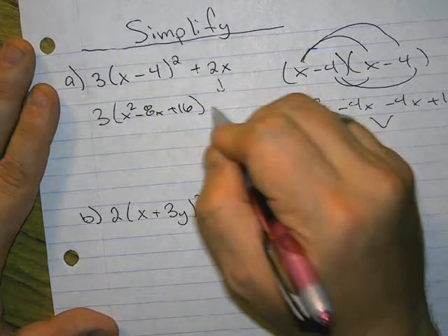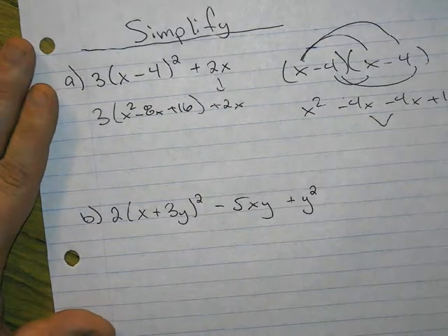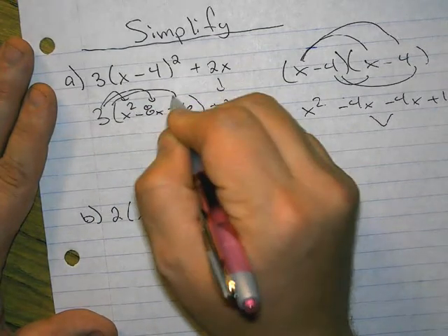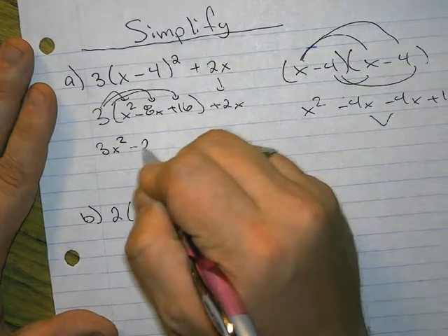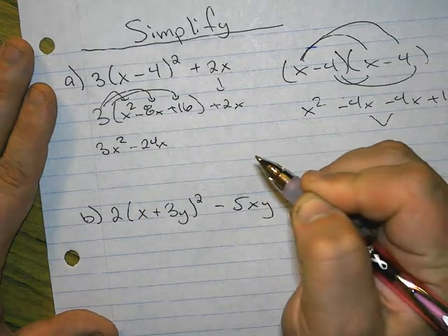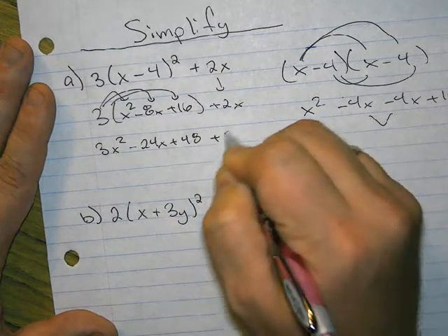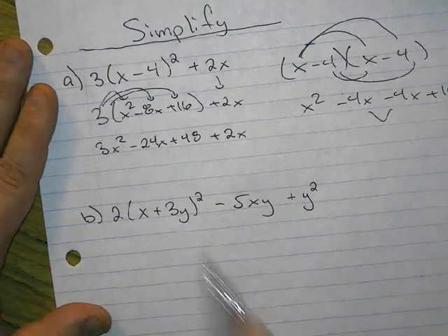And don't forget, plus 2x. Next, we're going to take care of the multiplication, and we just do this to each term. That's called the distributive property. 3x squared minus 24x plus 48 plus 2x. Lastly, we need to make sure all our like terms are combined.